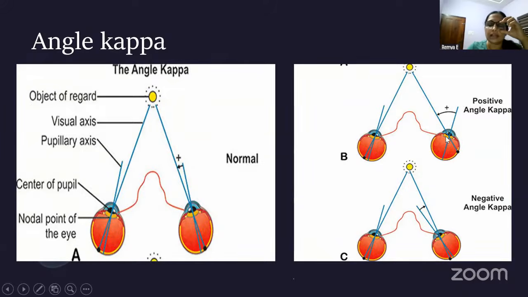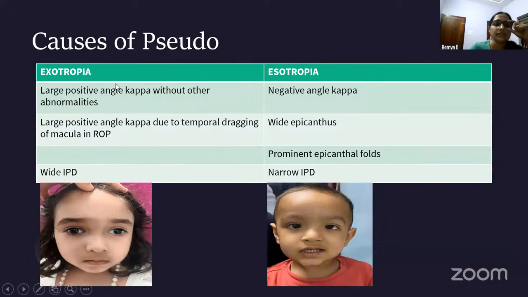And if it is on the other side, you call it negative angle kappa. Negative angle kappa will give rise to a pseudo-esotropic appearance, whereas positive angle kappa will give rise to a pseudo-exotropic appearance. A large positive angle kappa can occur without other abnormalities, or it can also be due to temporal dragging, as in the case of ROP.